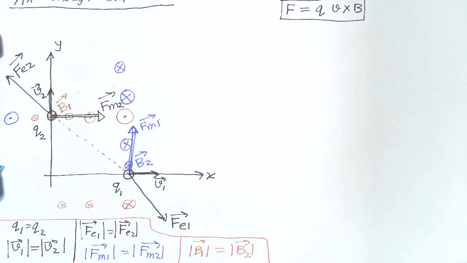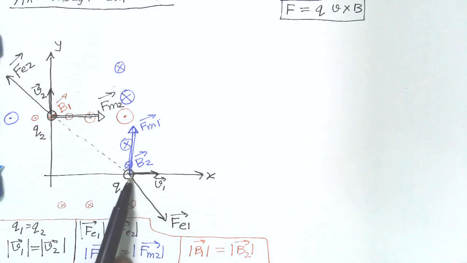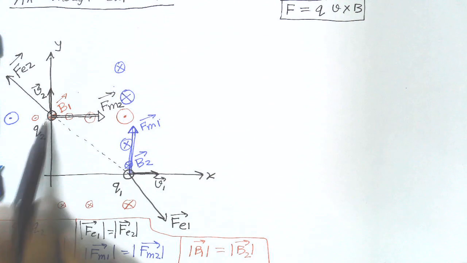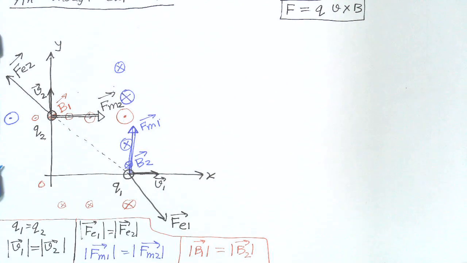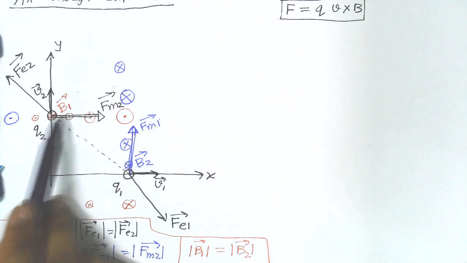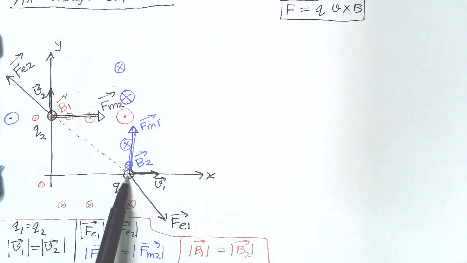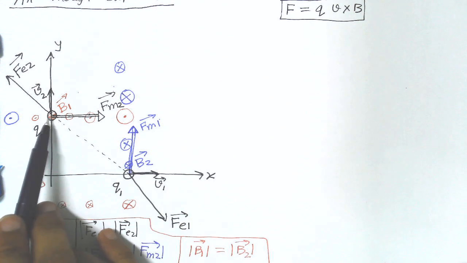Why is that so? Because these two charged particles have the same charge, the same velocity, they are at the same distance from the origin in a symmetric manner. So therefore the magnitude of the magnetic field B1 created by Q1 should also be the same as the magnitude of B2 created by Q2.